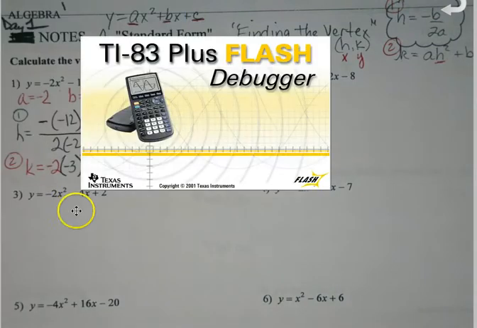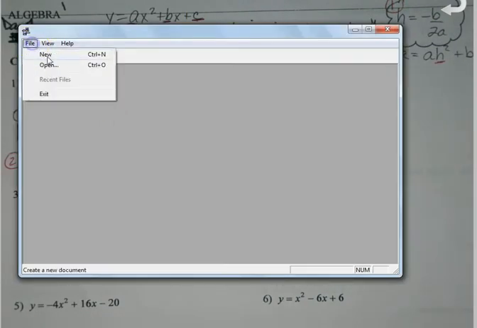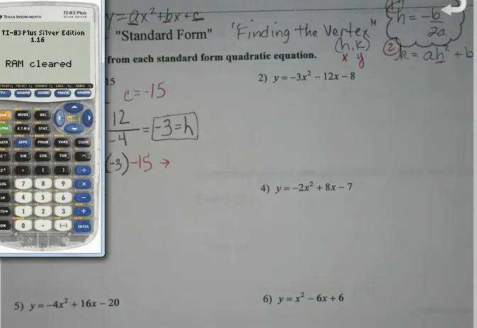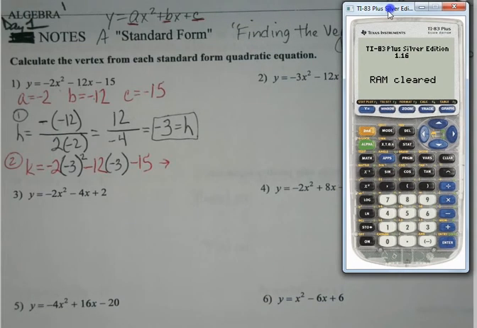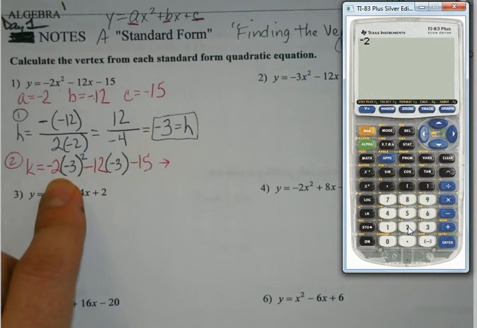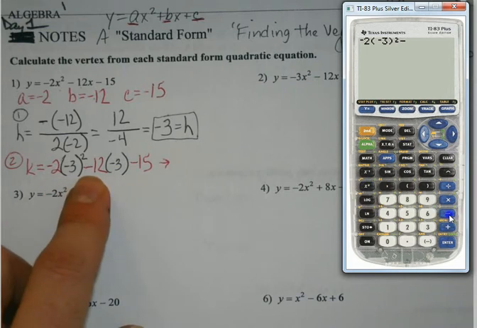I will get this out of the way in a second. I know I've got my screen right in the way of you here. We'll get that taken care of very quickly. Again, great calculator to have. Okay, there we go. So now I'm just going to type this in exactly like I see it. So -2, -3 squared, minus, and there's a difference between the minus and the negative button.